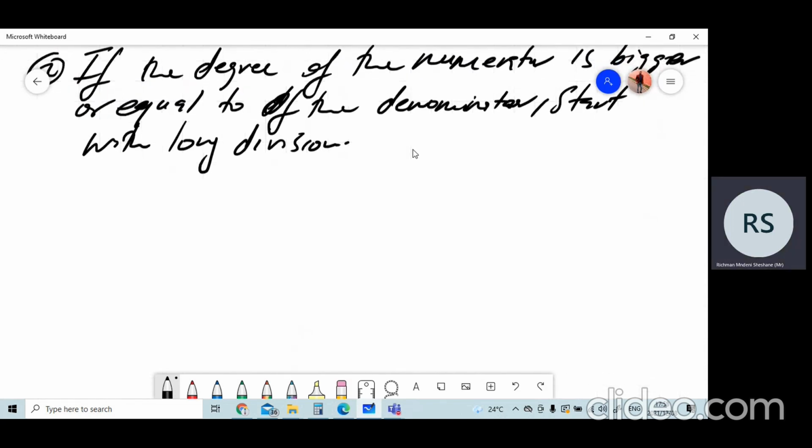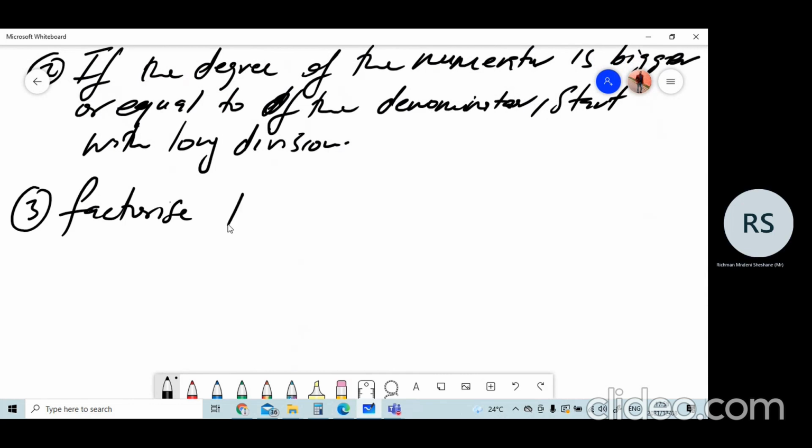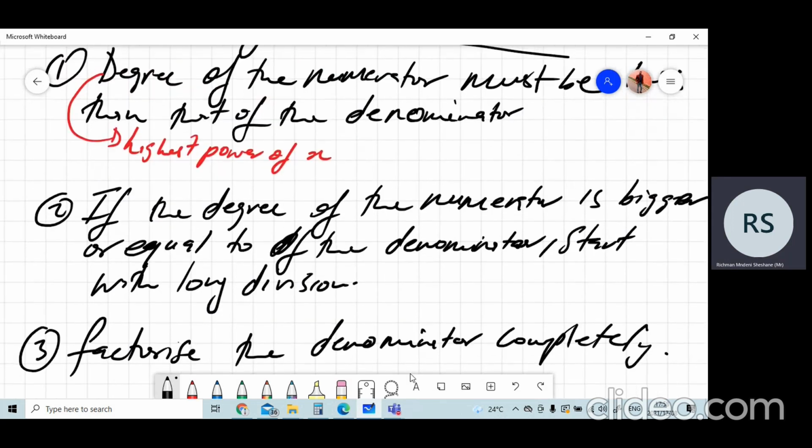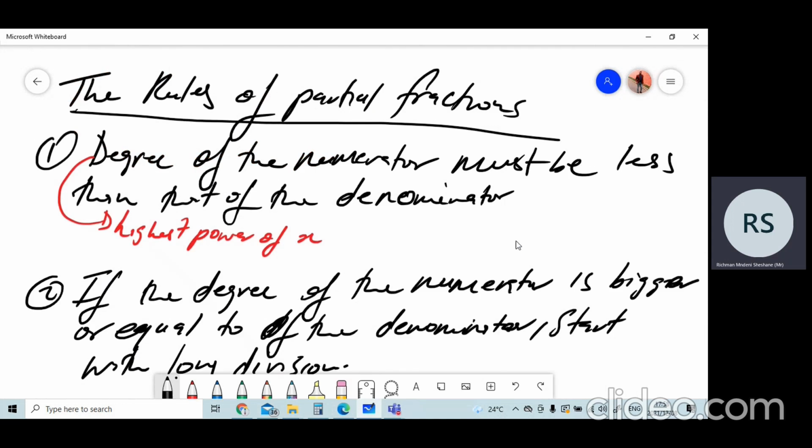And then the last one, factorize the denominator completely. Let's look at this example.